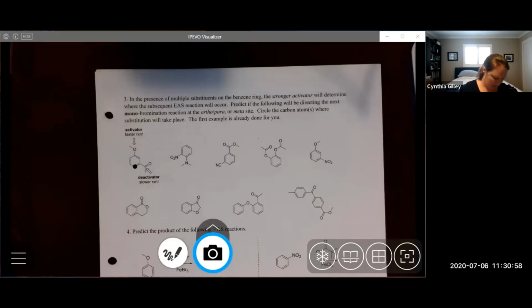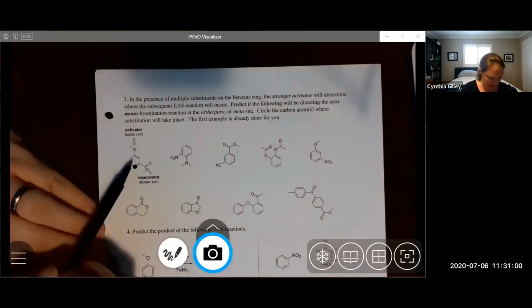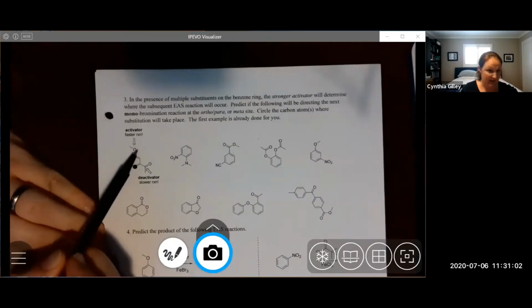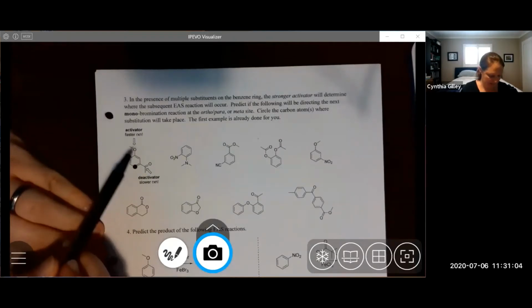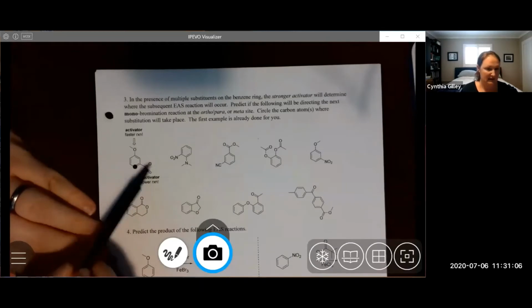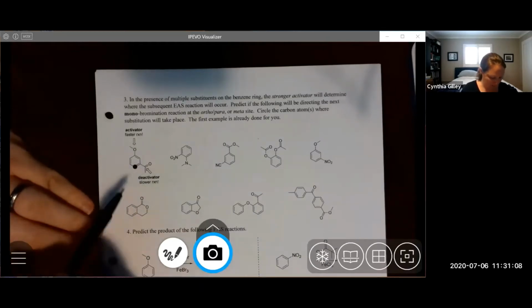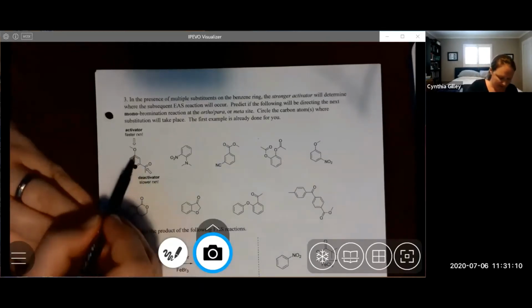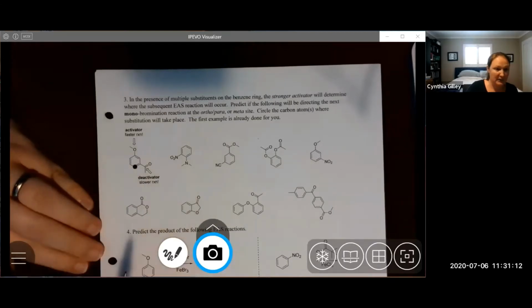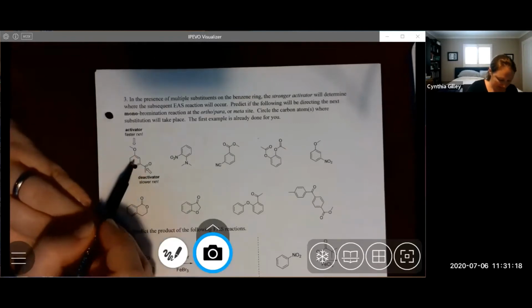Okay, so looking at this one, this one is a moderate activator. This one is a moderate deactivator. The moderate activator is directing ortho para first, ortho only if para is blocked. And this one is directing meta, so this one is actually directing to these.